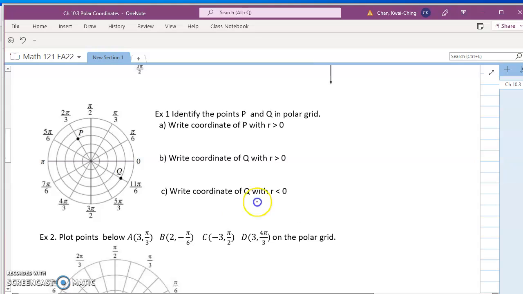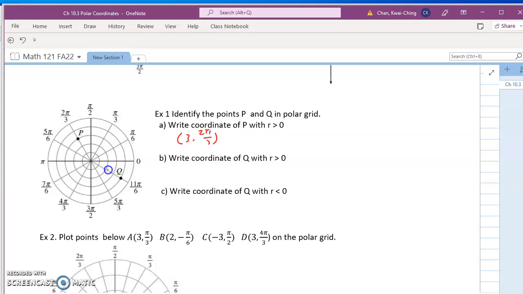Example 1: someone has the point, identify P where R is positive. So let's say P is 1, 2, 3, 3 from the pole. So it would be 3, and I want R to be positive, so that would be it. And the angle is 2 pi over 3. That's it. What about Q? Q is here.